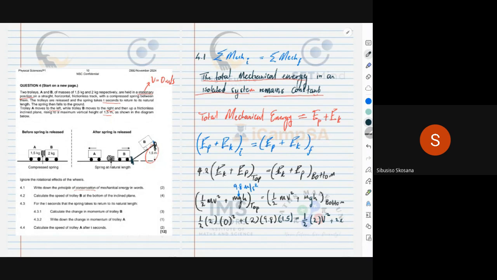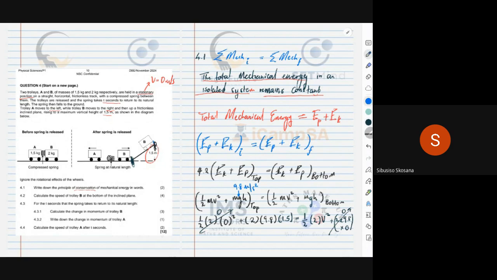It's 9.8, not 9.5. All times 0. This 0 is the height, because at this point the height is 0. So this goes away, and this also goes away. So now we are left with the 2.